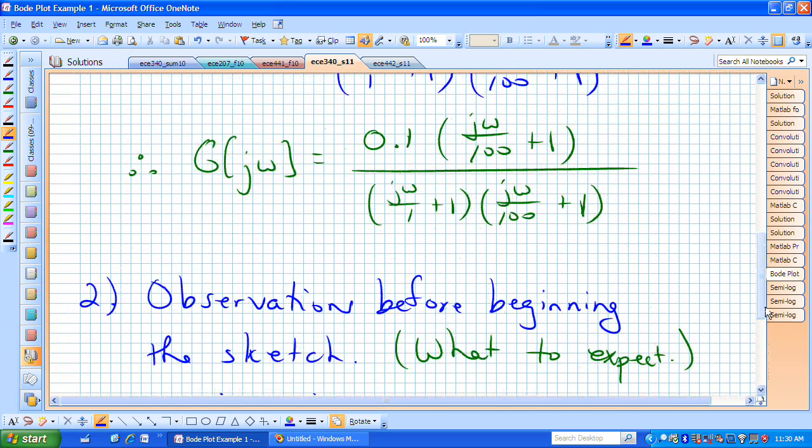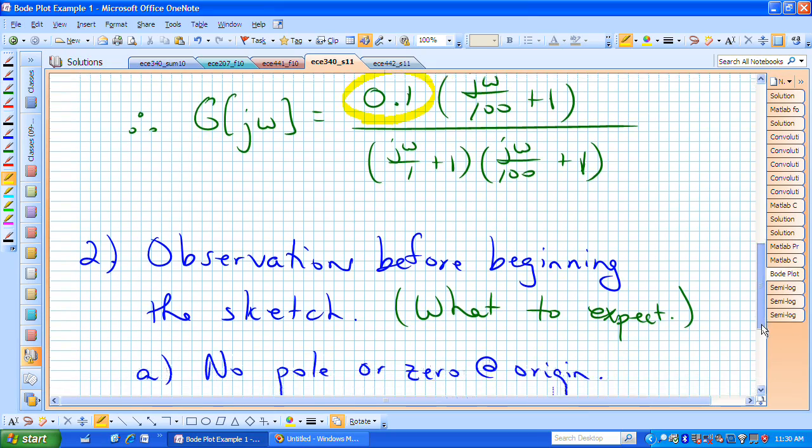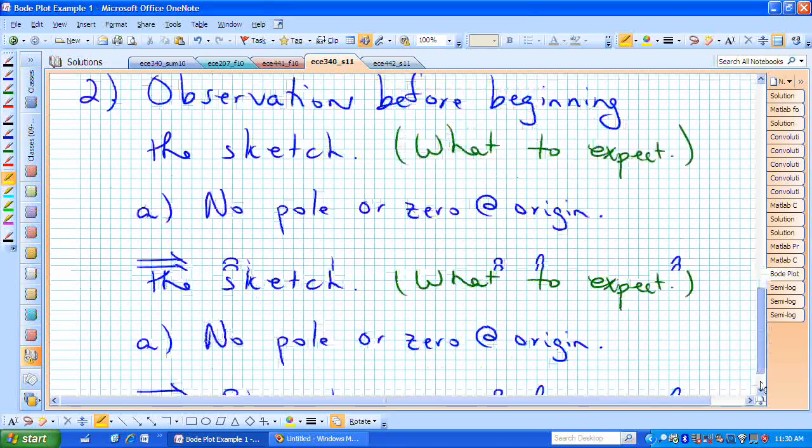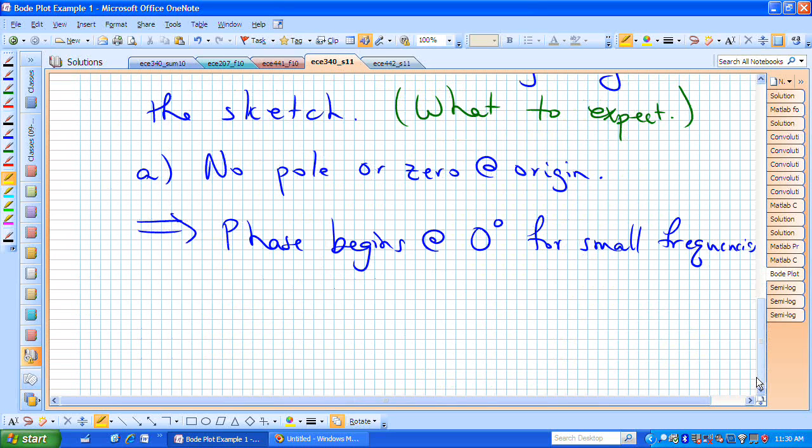We can also find the low frequency gain, or in this case the DC gain, which is 0.1, because we have no pole or zero at the origin. We're not forced to have a gain of 0 if we had a zero at the origin at DC, or an infinite gain if we had a pole at the origin.